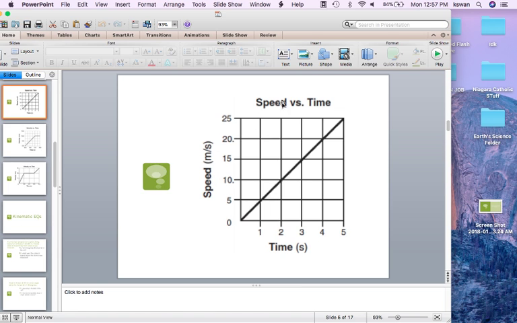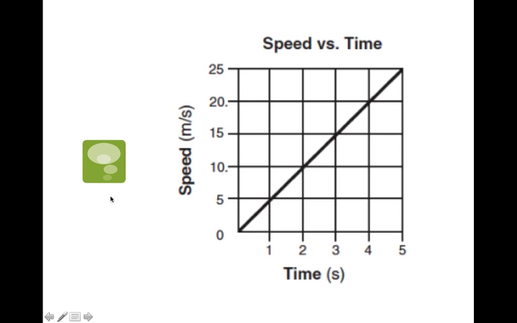Alright, so on a speed versus time graph, the important thing that we need to know, if we were asked a type of question, for instance, what was the total distance traveled in those 5 seconds? The total distance traveled in those 5 seconds would be the area underneath this graph. So again, total distance is going to be this entire little triangle down here. If you all forgot what the area of a triangle is, it's 1/2 base times height. Maybe write it on your half sheet of lavender paper.